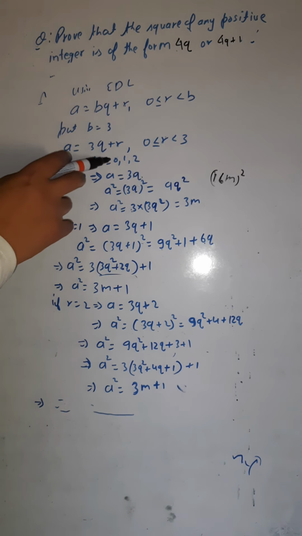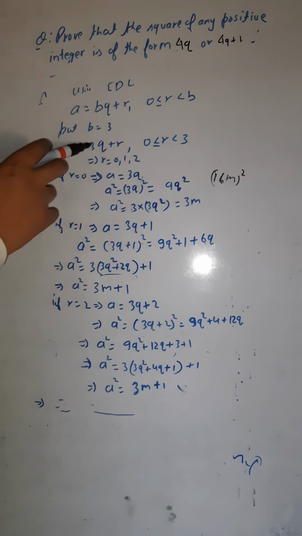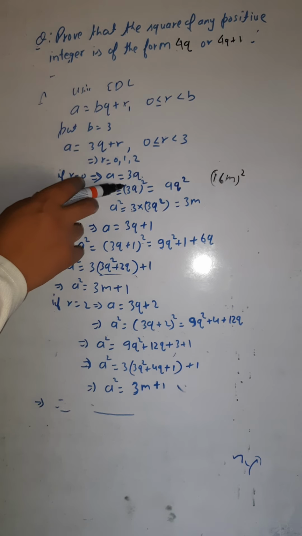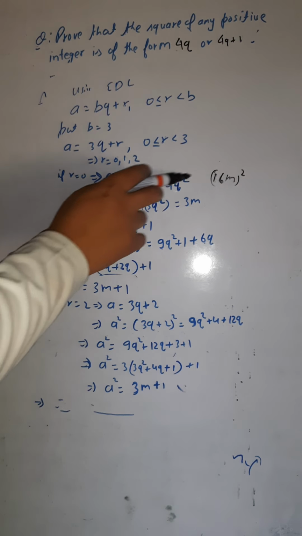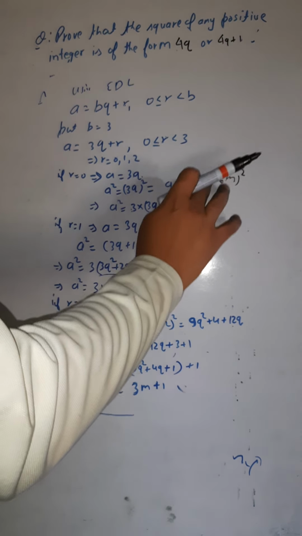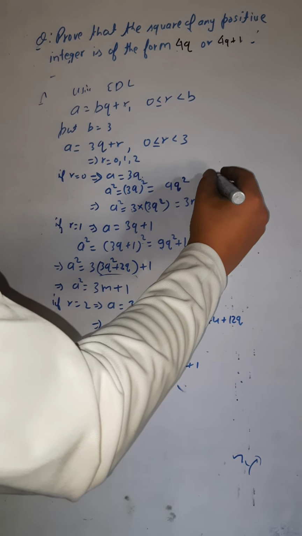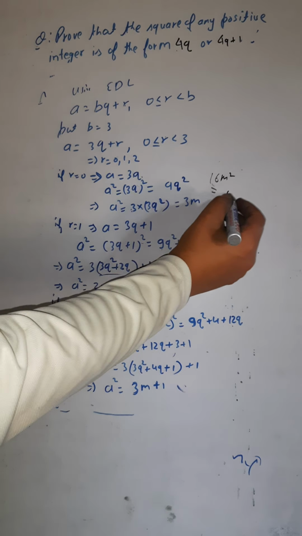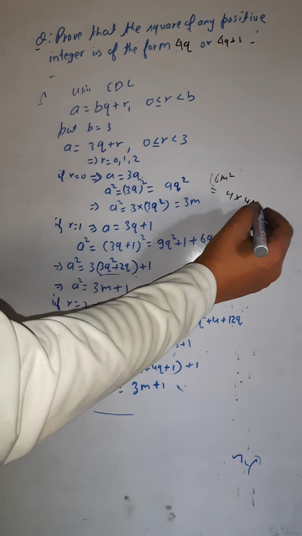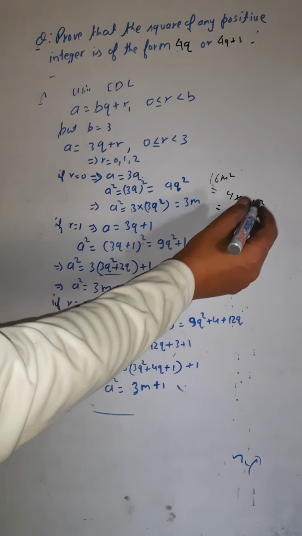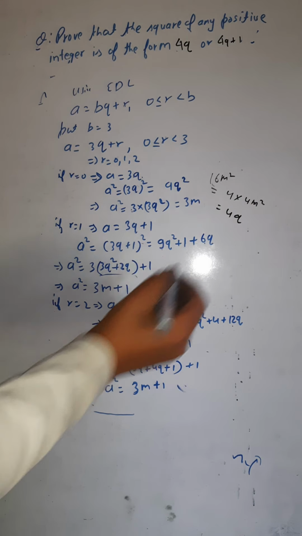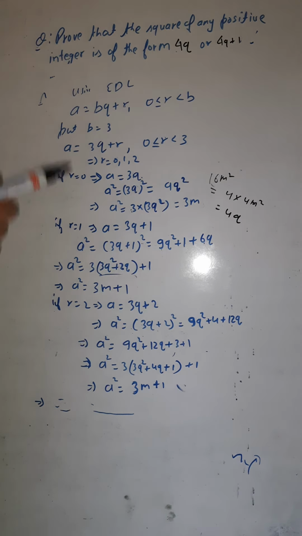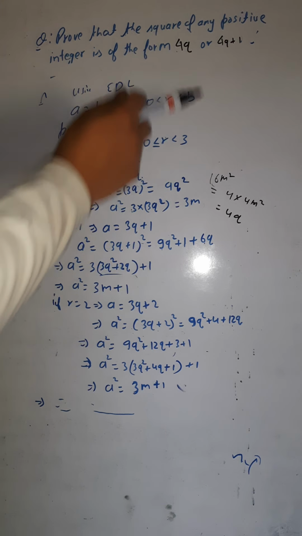Because if you put the value of r as 0, you get a is equal to 4m plus 0, which is 4m. The square of 4m would be 16m square. This 16m square can be written as 4 multiplied by 4m square. So let's say this is q. So it is 4q. So hence the square of any positive integer is of the form 4q.